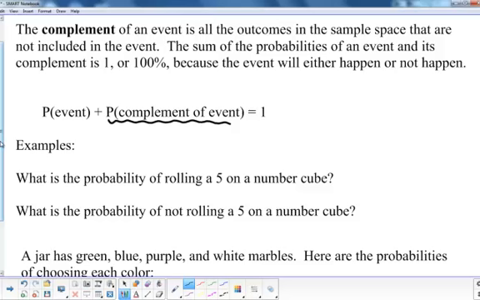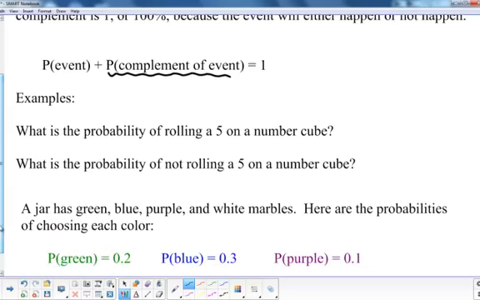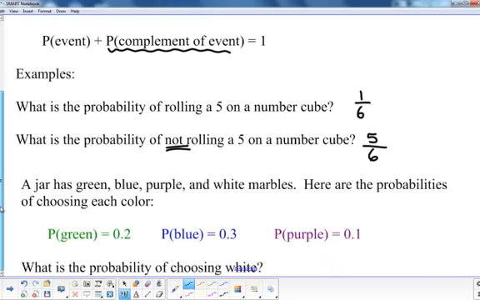The probability of rolling a 5 on a number cube is 1 out of 6 possibilities. The complement: there are 5 that are not a 5, so 5 out of 6 is the probability that you will not roll a 5. If you add those two up, you get 100%, the 6 out of 6. So we know we have all of those accounted for.